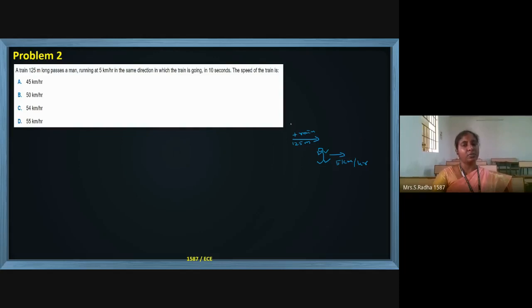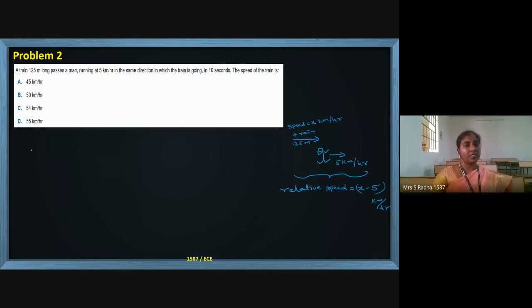Let me assume the speed of the train to be x kilometer per hour, because the man's speed is given in kilometer per hour. Both of them are moving in the same direction, so the relative speed will get subtracted: x minus 5 kilometer per hour. Man's length is negligible.